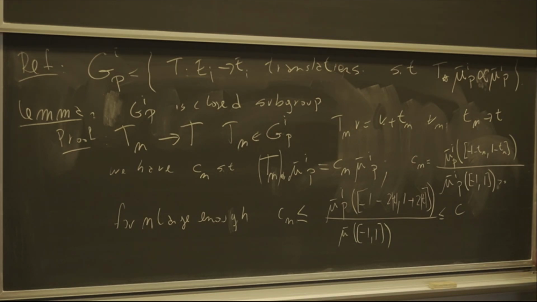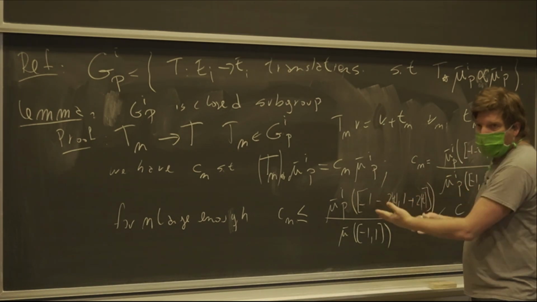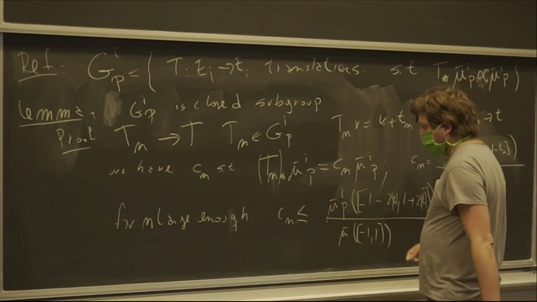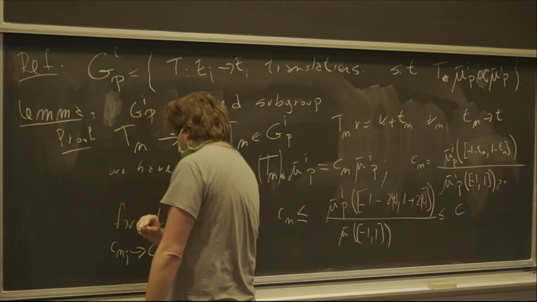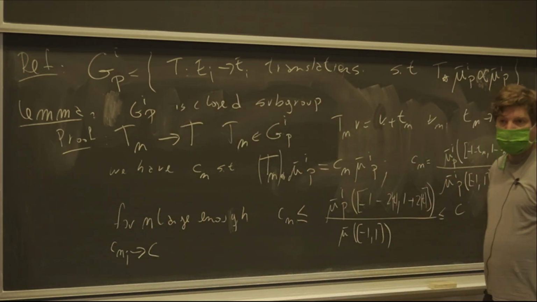So this measure could have atoms, so I cannot really claim that as Tn goes to T, these values converge to the limiting value, but you have the semi-continuity coming from here. So Cn is bounded, so I can take Cni, the subsequence going to a limit.